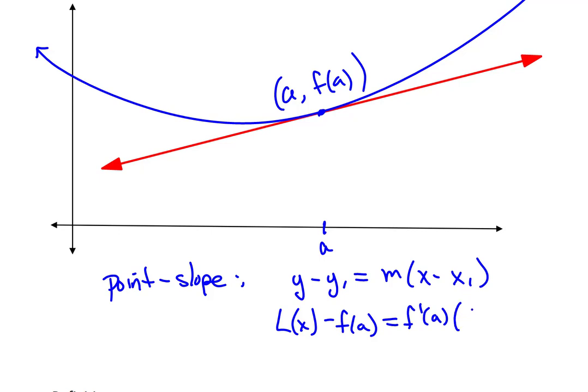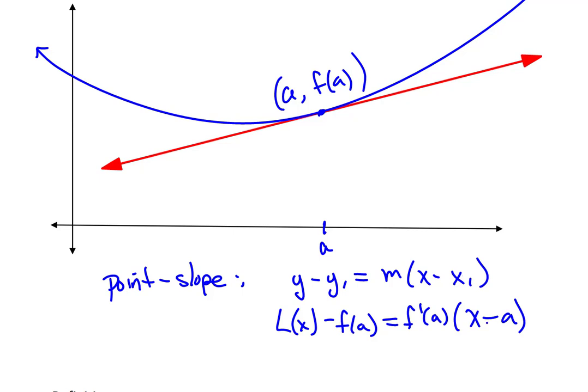And then, of course, we'll finish this off in parentheses by writing x minus a, where really a is like the x1. Okay, so this is familiar as far as the point slope notation, but now we're just slightly changing some of the way we're writing the values of it.